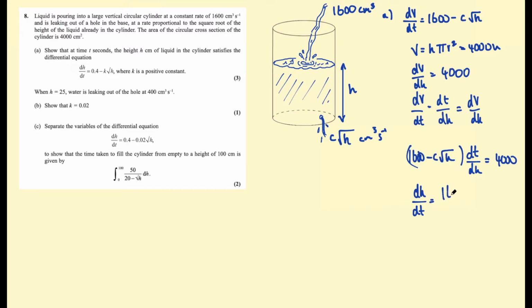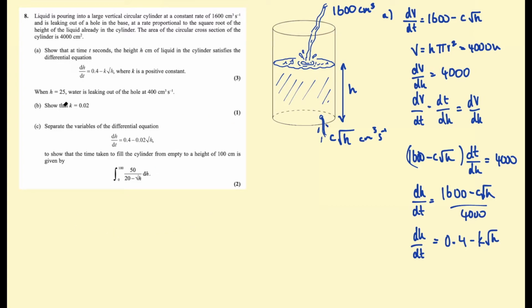Then we get 1600 take c root h divided by 4,000. 1600 on 4,000 is 0.4. Then we have some constant divided by 4,000. That's just going to give us some other constant, which we can call k. Okay, so then we have dh/dt as required.